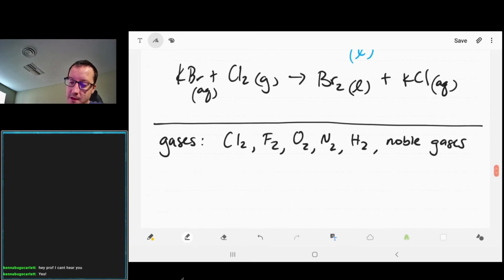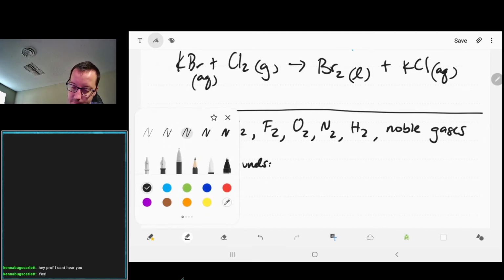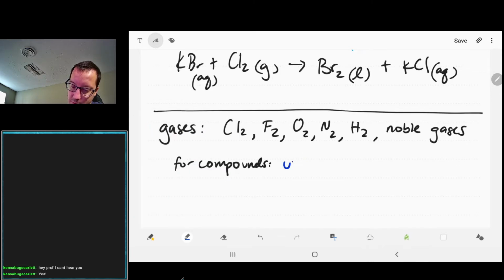But for compounds, we have a few kind of special scenarios. We're going to see that we have what are just kind of unstable products that form gases.